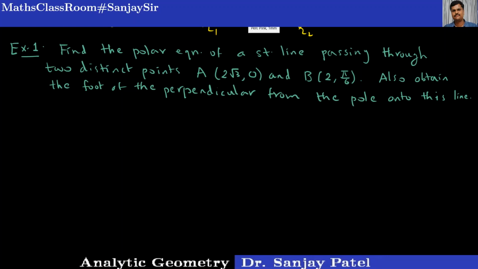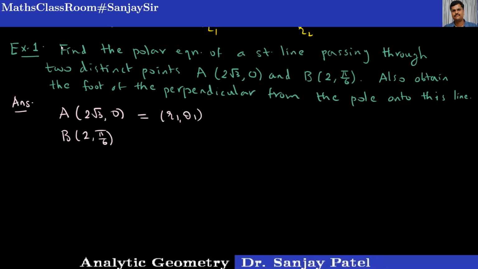So let us understand how to solve this problem. We are given two points in the polar coordinate system: A(2 root 3, 0) and B(2, pi by 6). This I can call r1, theta 1, where r1 is equal to 2 root 3 and theta 1 is equal to 0. This I can call r2, theta 2, so r2 is equal to 2 and theta 2 is equal to pi by 6.